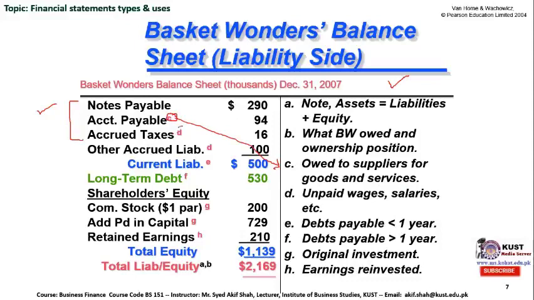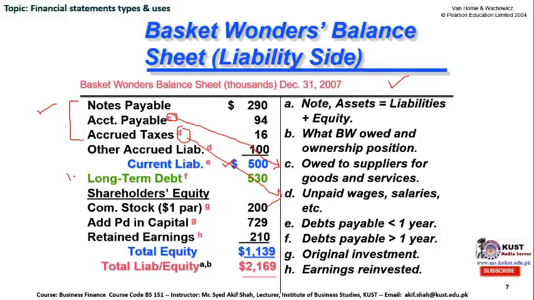Similarly, accrued taxes, which have been accrued but not yet paid, refers to the unpaid wages, salaries, and taxes to the government. These are our current liabilities, because current liabilities means all those liabilities which are supposed to be paid out within 1 year of time period.